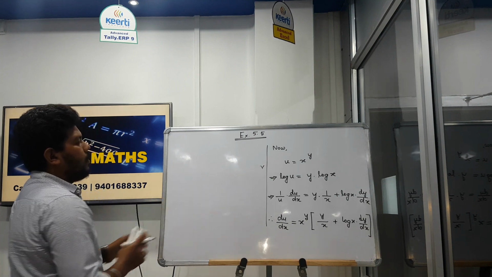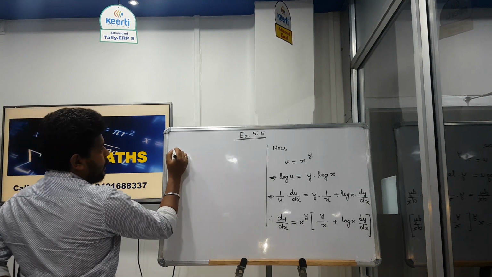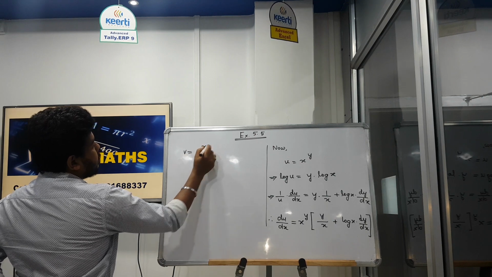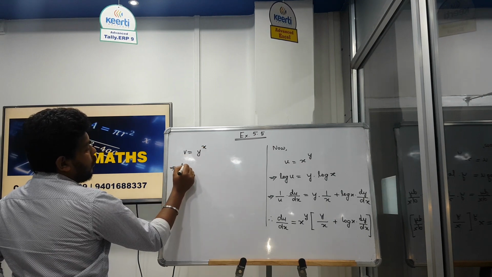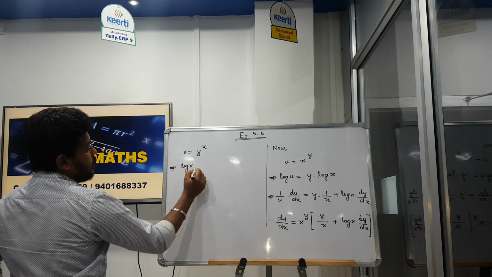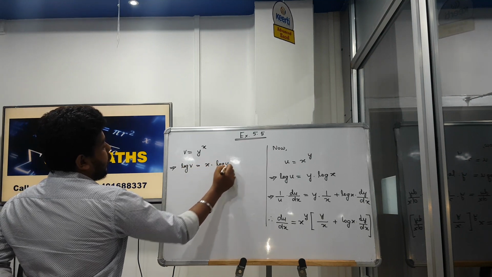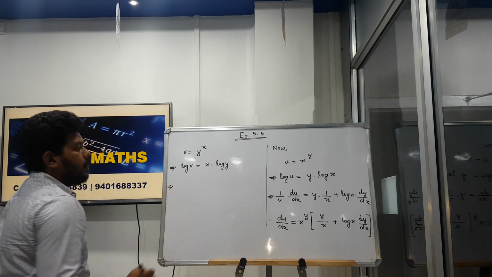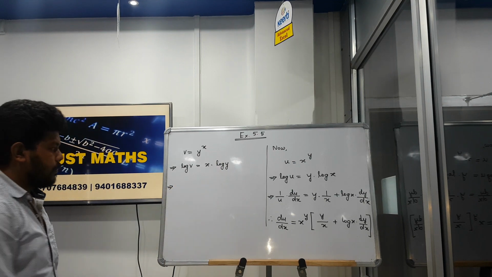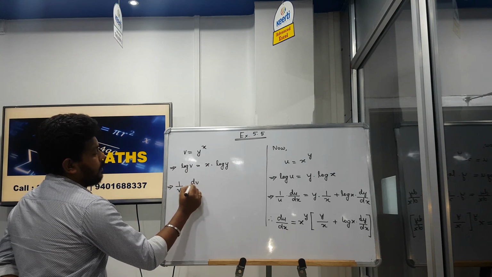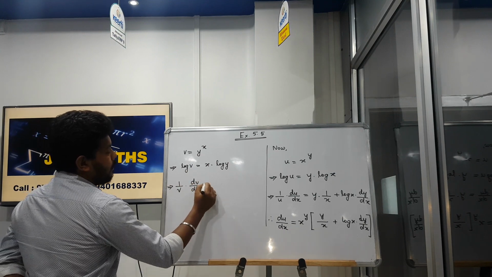Similarly, let v is equal to y to the power x. Take log of v is equal to x times log y. Now differentiate with respect to x. For log v it is 1 by v, and for v it is dv by dx.